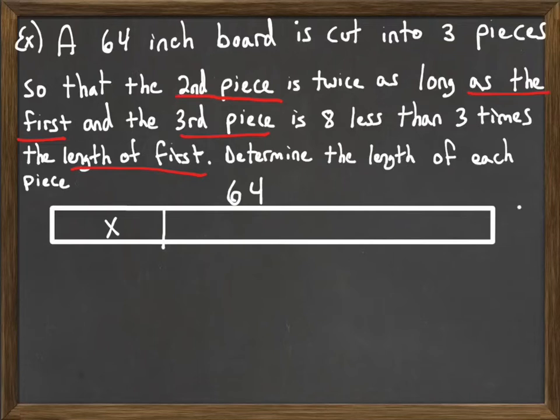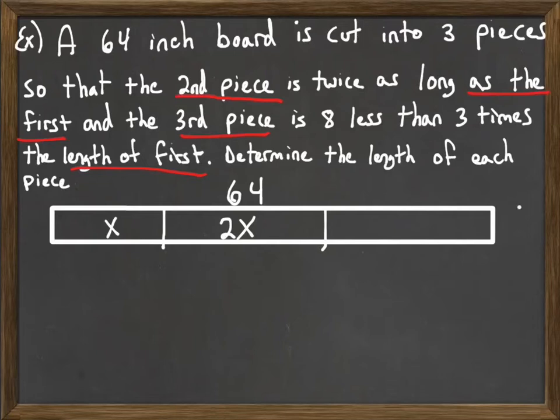Since both the second and third are in terms of the first, we can make that one our variable. Then we divide it up another time. Since the second piece is twice as long as x, that would be 2x. The third piece is 8 less than 3 times the first.